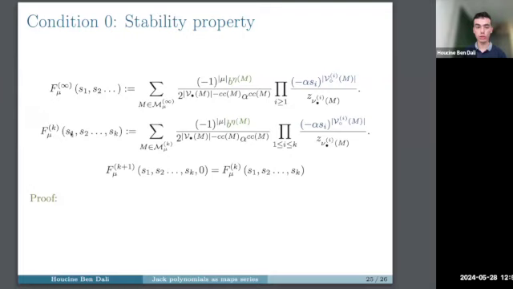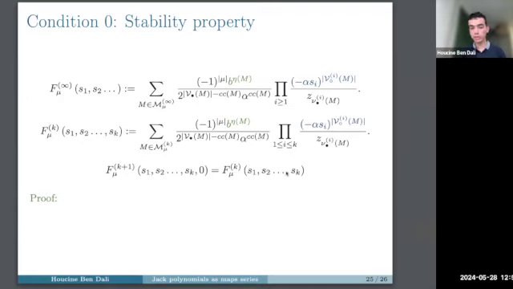So the stability property is when we define the generating functions of k-layered maps. So we have functions, or just polynomials, in k variables S1 to Sk. And then you can take the sum over all layered maps with k layers. And what we want to check is that this sequence of functions satisfies this property: when we take the function in k plus 1 variables and evaluate the last variable at 0, we obtain the function in k variables.